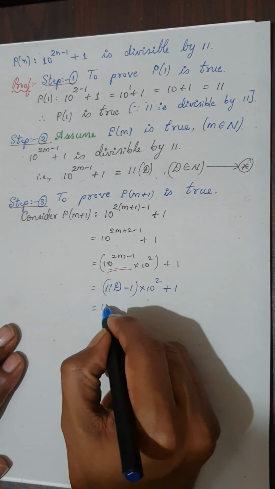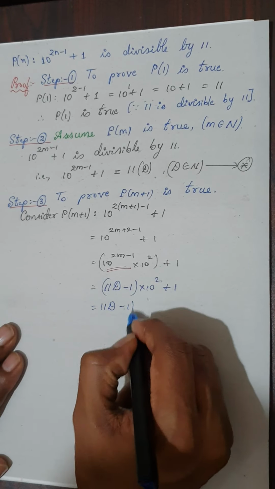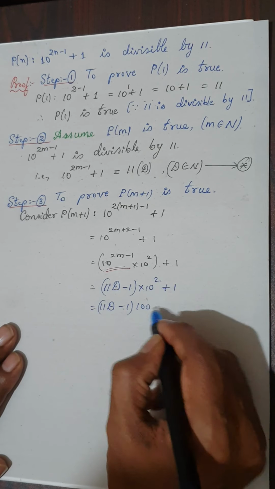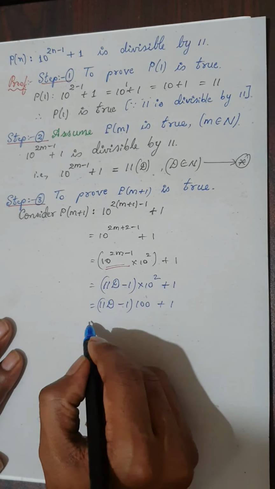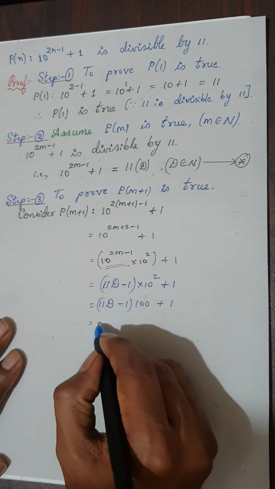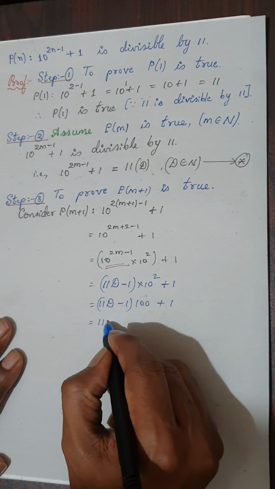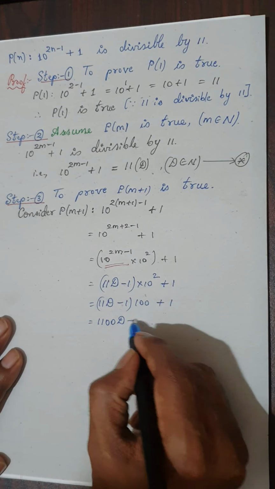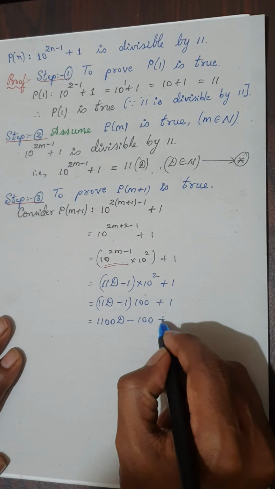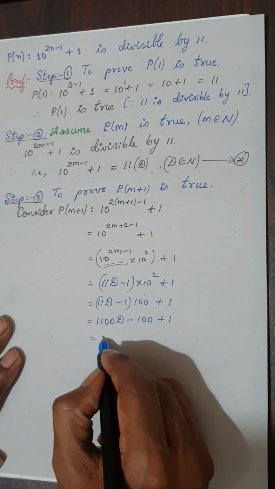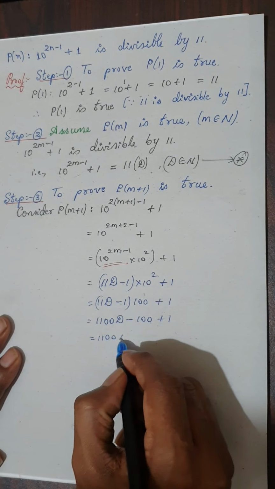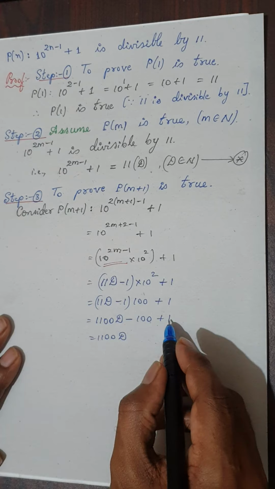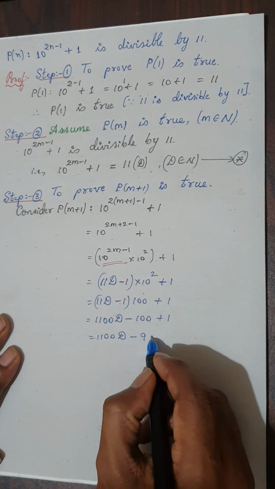So this is nothing but 11d minus 1 into 100, 10 square is 100, plus 1. If you multiply, 11 into 100 is 1100d minus 100 plus 1. So this can be further written as 1100d minus 100 plus 1 will give me minus 99.